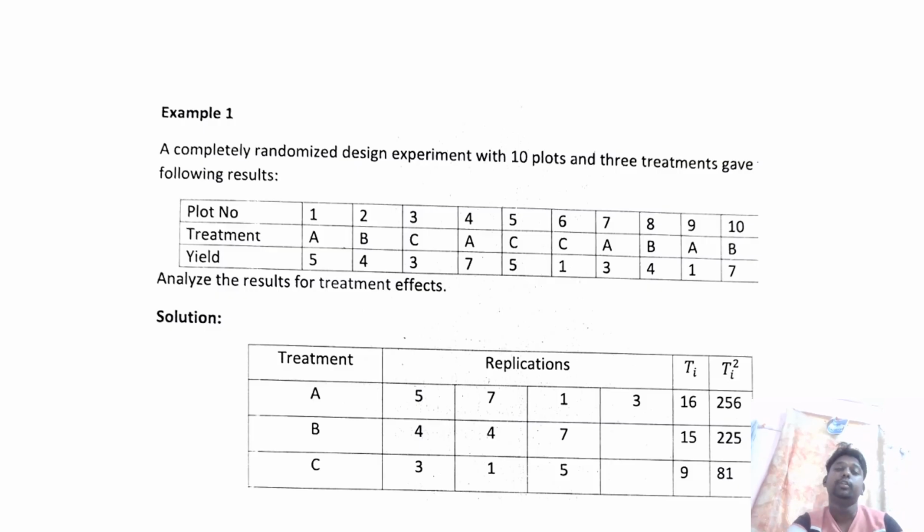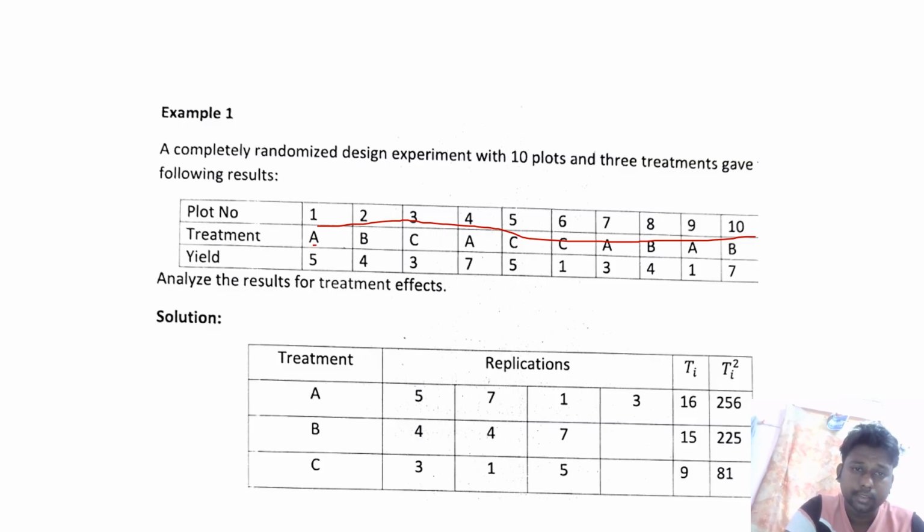They have given 10 plots, classified into three different treatments, like fertilizers. A has 5, B has 4, C has 3, and again A has 7, C has 5, C has 5, A has 3, B has 4, A has 1. These are the yield values for the 10 plots across the three treatments.